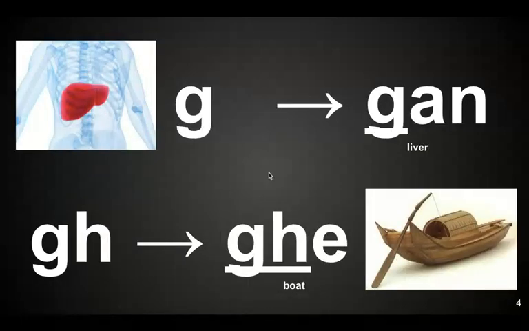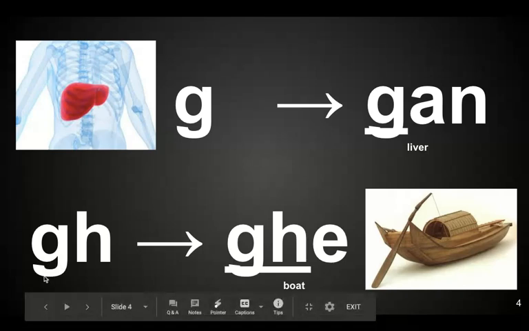Next, we have g, the sound g. Remember, consonant clusters are two consonants or two letters that are clustered together. The consonant cluster on this slide is z, hat. Z, hat together make the sound g.